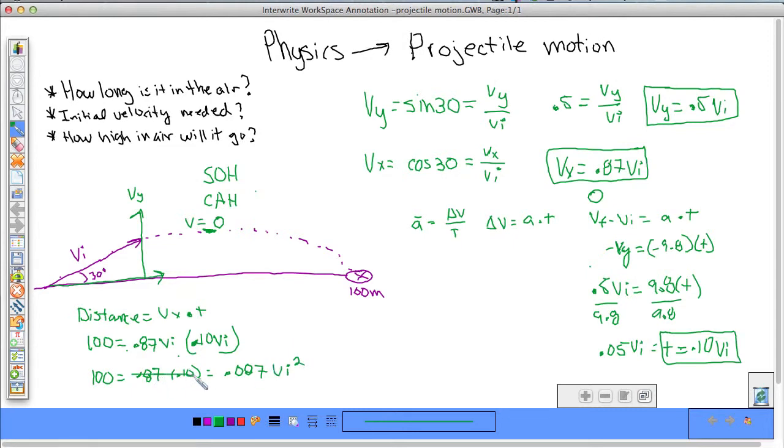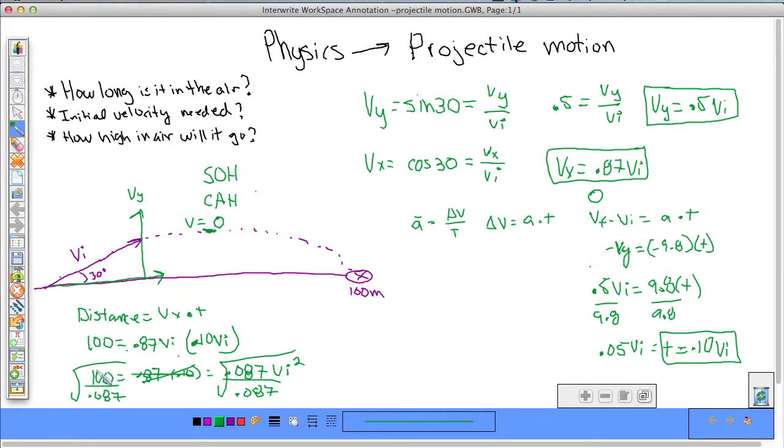Now, if I take this and isolate my initial velocity, I've got 0.087 times velocity squared equals 100. So let's go ahead and divide both sides by 0.087. And then all I'm going to have to do is take the square root of that to get VI by itself.